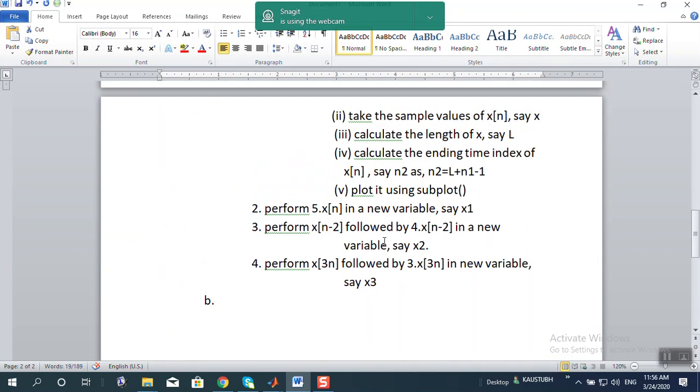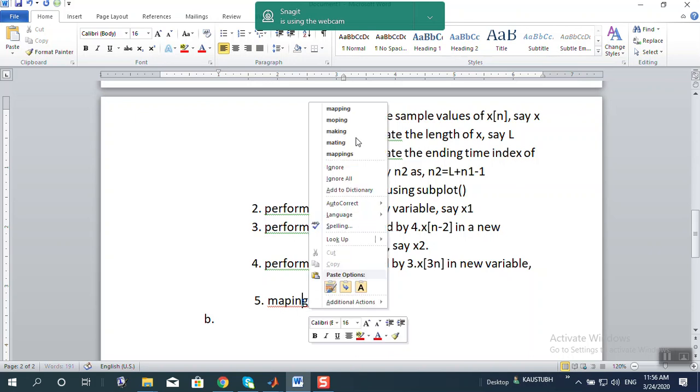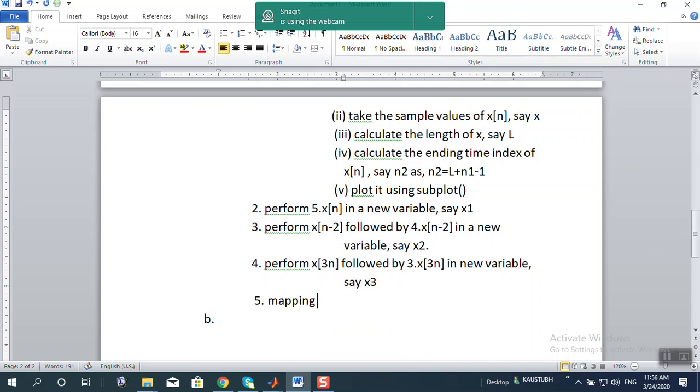So you can find out the minimum and maximum. Together I will call it the mapping of x1, x2 and x3.